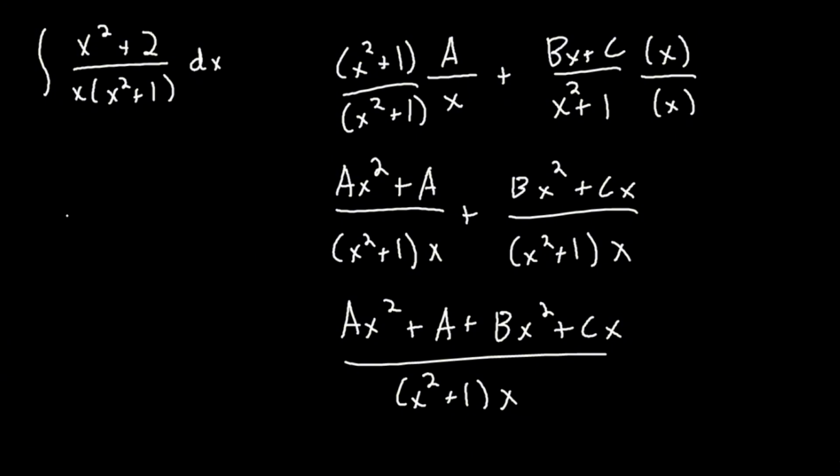Now let's set up our system of equations. So we have ax squared plus bx squared is equal to what? Well, the only x squared term inside of the numerator is x squared itself, so we have x squared here. And we can actually cancel out all the x squareds to get a plus b is equal to 1.